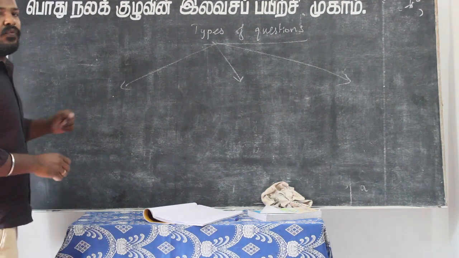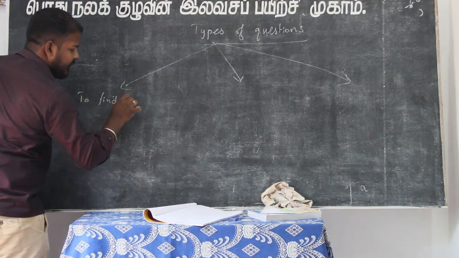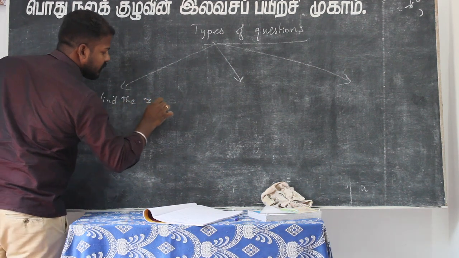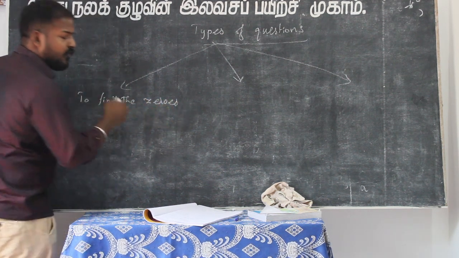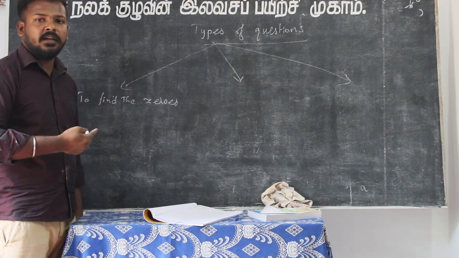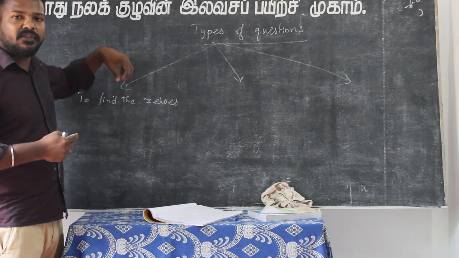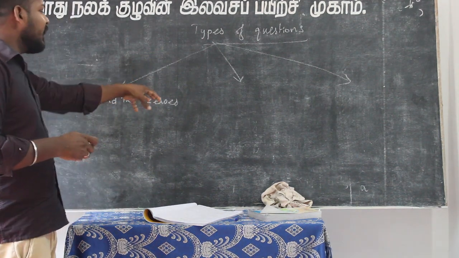So first one is to find the zeros. They may ask one word or two mark. So they are giving any quadratic polynomial to find the zeros of that quadratic polynomial. It is to find the zeros.